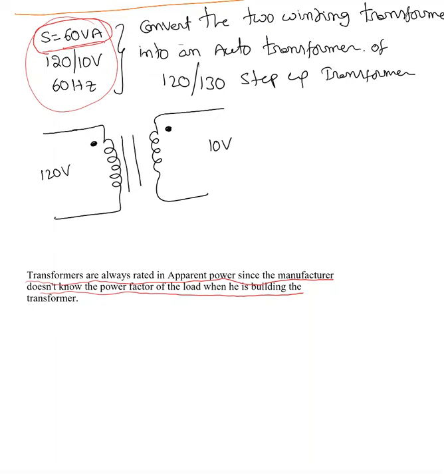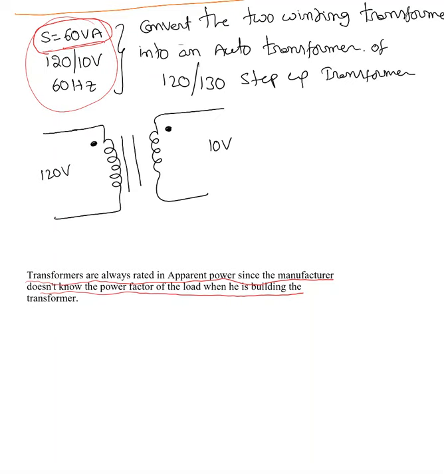Depending upon the other loads you're using, most of the time our power factor is going to be lagging, but it varies with the load we are using in our home. That is the reason manufacturers usually rate the transformer in kVA or volt-ampere.